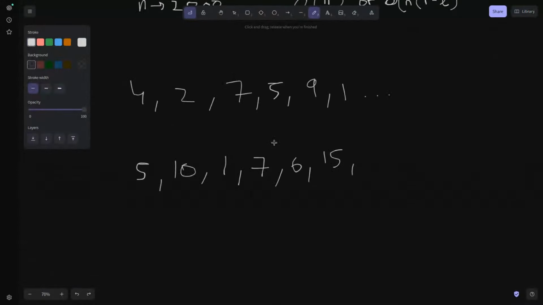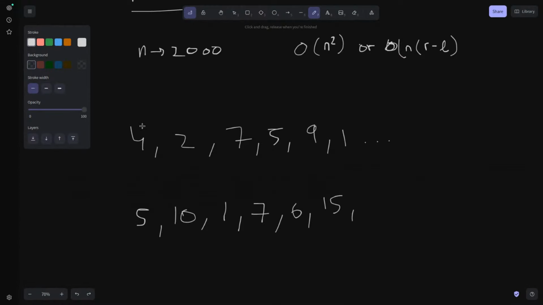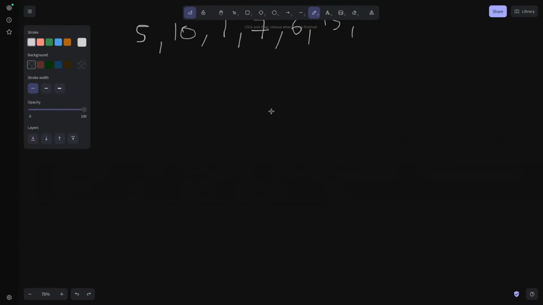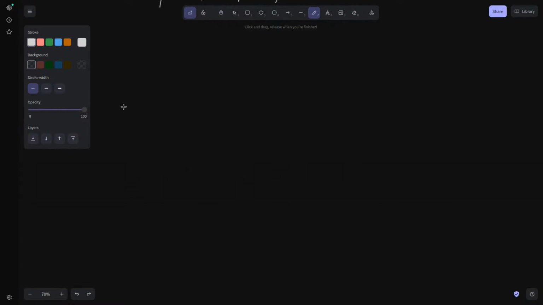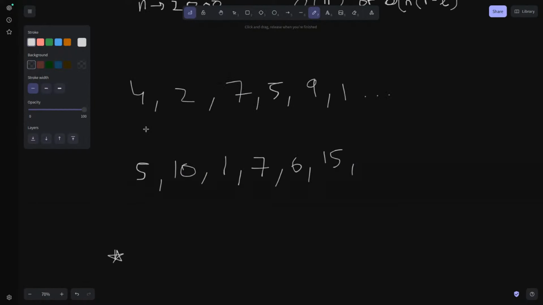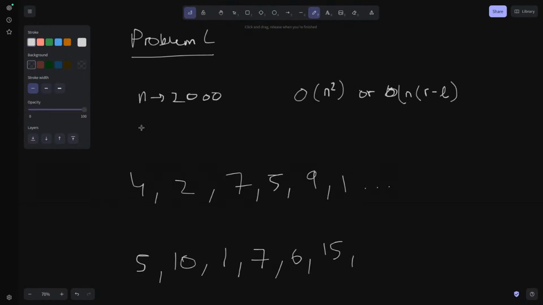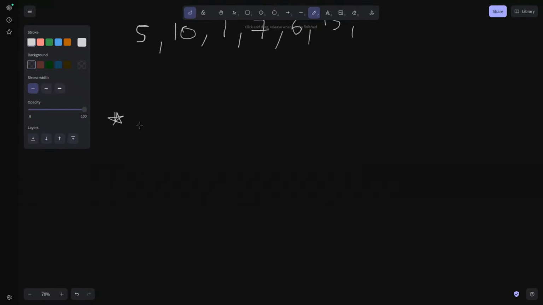Anyways, back to the question, guys. Yeah. So here we're gonna do the following. We need to count the number of valid zigzag arrays, correct?